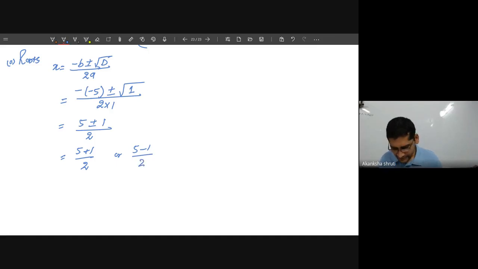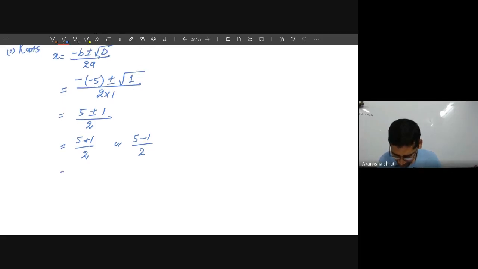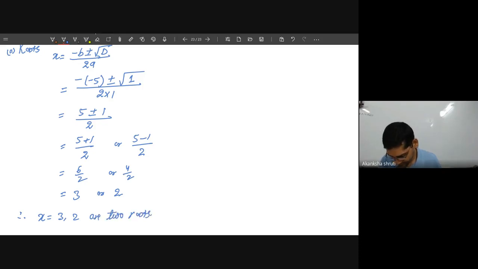Till there is root and all these things which are common to all, you can carry it together. So it is 6 by 2 or 4 by 2. So this value is 3 or 2. Therefore, x is equal to 3, 2 are the 2 roots. So this way the roots are calculated.